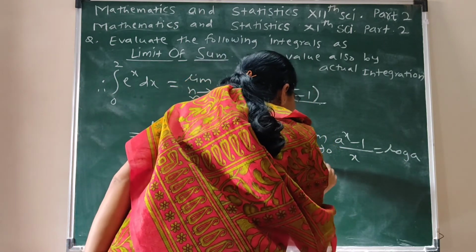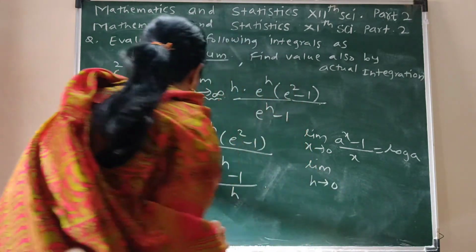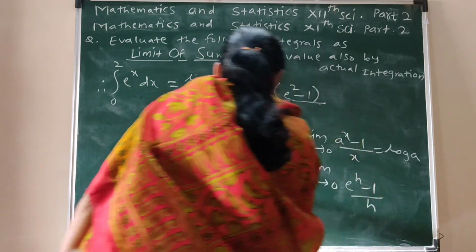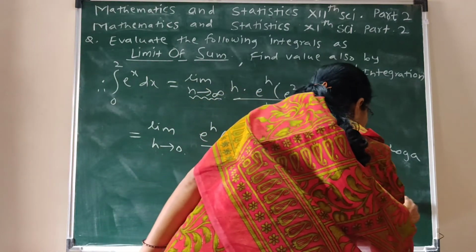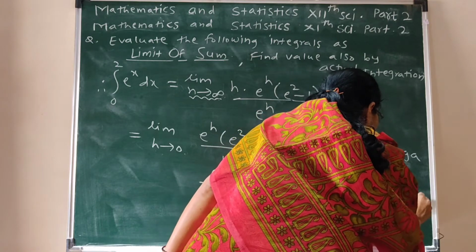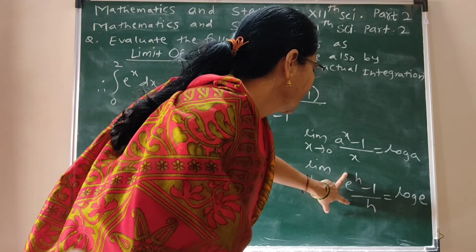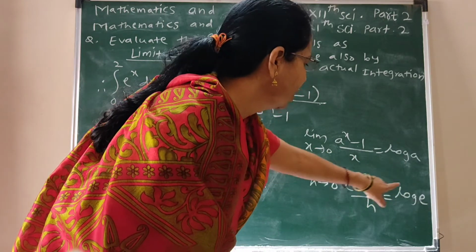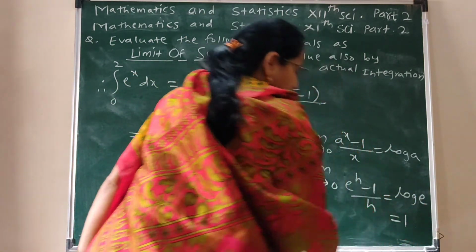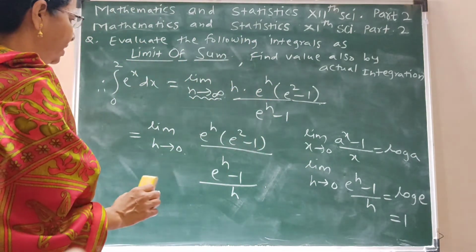Here it is the limit as h tends to 0 of (e^h - 1) / h, the value of which is log e. Log e is 1. Remember all this.